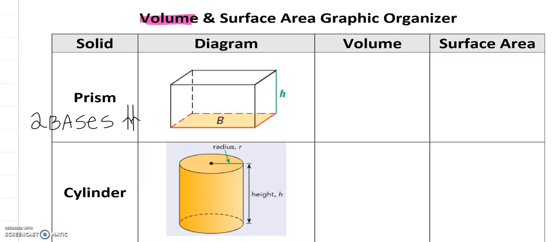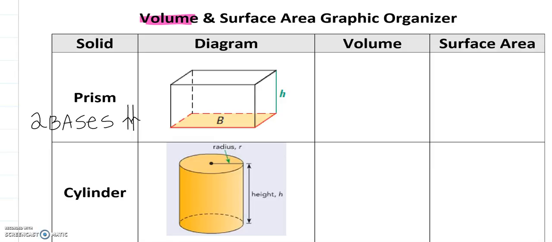Now for a rectangular prism, it doesn't really matter which ones you call your bases. They're just across each other, opposite from each other, and they are parallel. So it could be the front and the back, or the left and the right in this case. But you can have prisms that have any shape as your base. So you can have a prism that has a triangle or an octagon or a hexagon as a base.